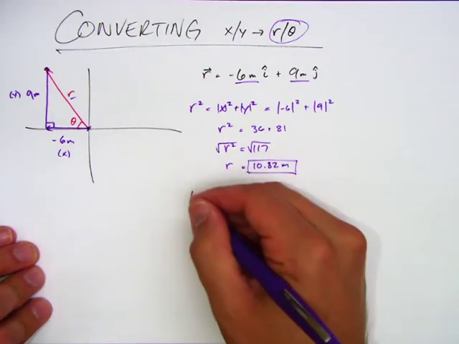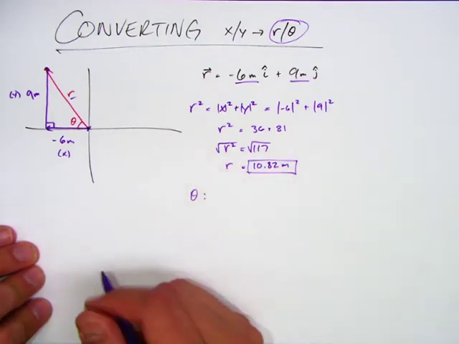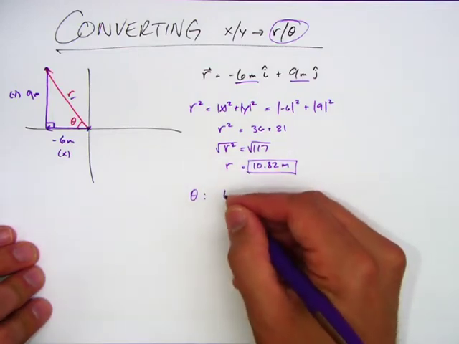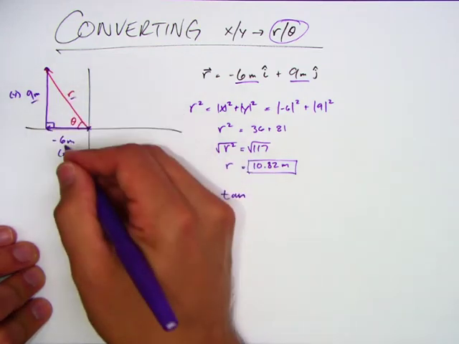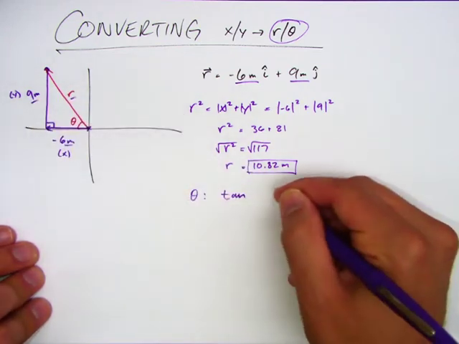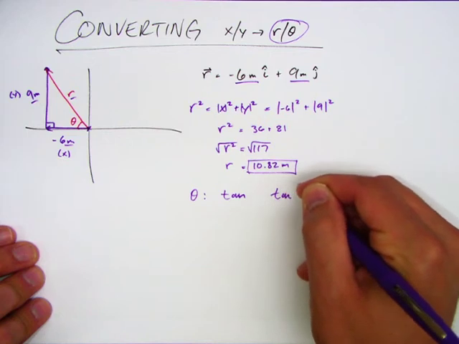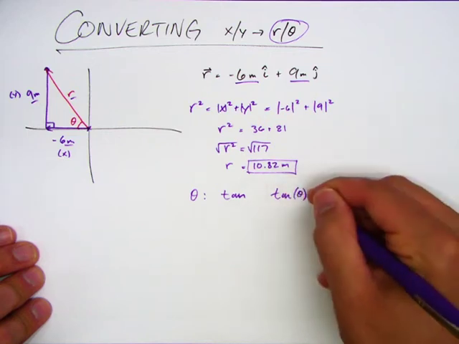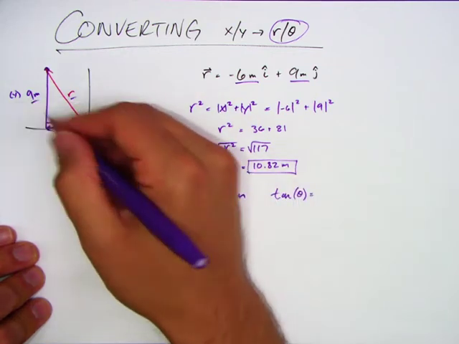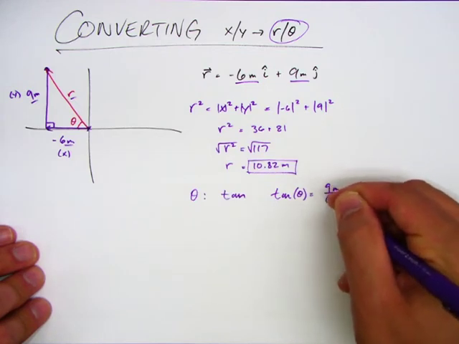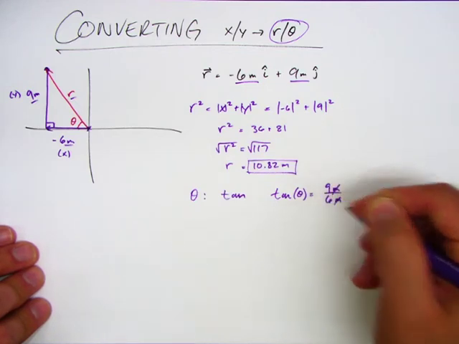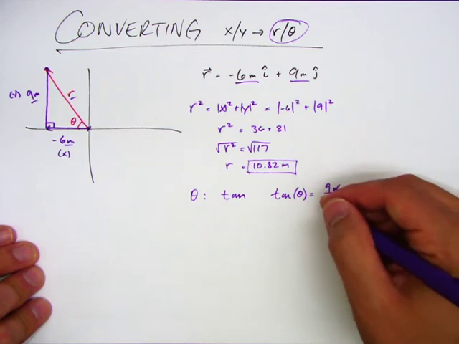So to find theta now, I got to use some inverse trig, and I'll usually use the tangent function because I'm given the opposite and the adjacent side. So I know that the tangent of whatever that angle theta is equal to the opposite side over the adjacent, the ratio of these two lengths. Okay, so it's just a value, 9/6.